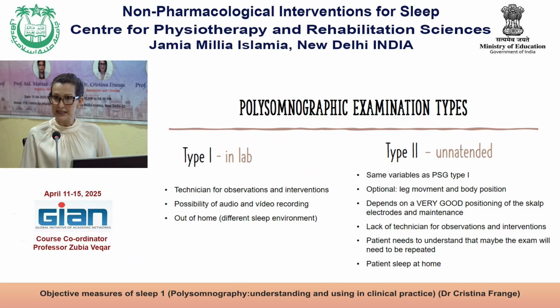So while the patient is sleeping, there's one technician that stays awake all night long observing to see if an electrode comes out, if something went wrong. They go into the room and adjust it so we have a proper examination.